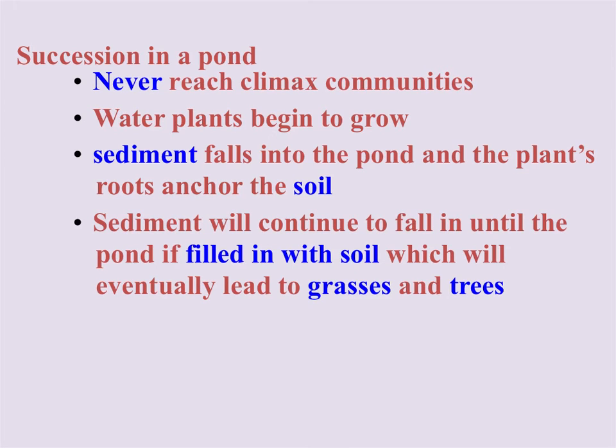Okay, so sediment will slowly over time fill in the pond, and then the plants' roots will anchor into the soil. So you'll get more and more water plants, and more sediment, and it'll usually start from the outside in. And so eventually the pond will be totally filled in with soil. And then once it gets totally filled in with soil, then you'll have more grasses and trees there.